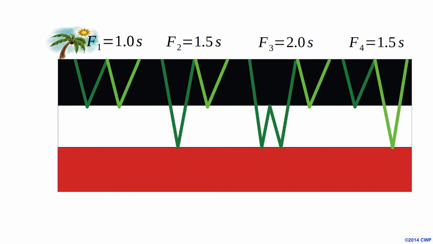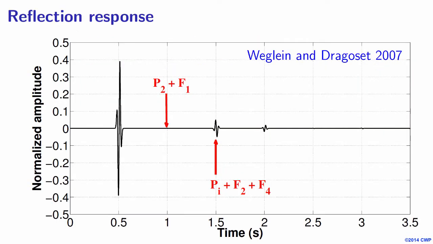Of course, we can have free surface multiples as well. And again, the free surface multiple starts at 1 second, but at 0.5 intervals. And this is the reflection response in 1D that we'll get. And you can see what happens here. Because the free surface multiples are so strong, they cancel with our second primary.